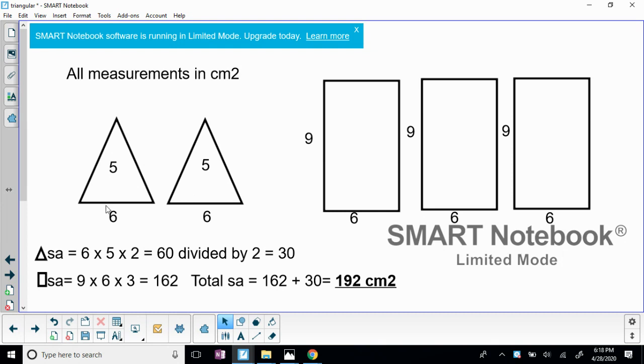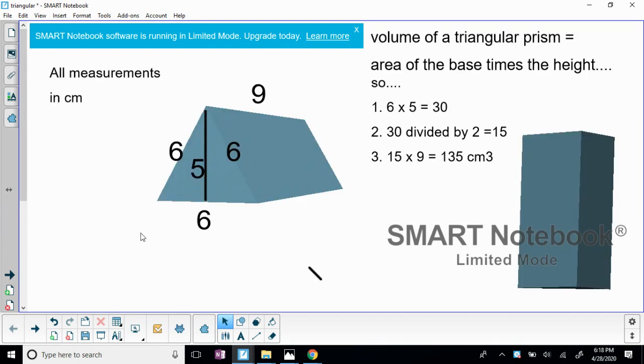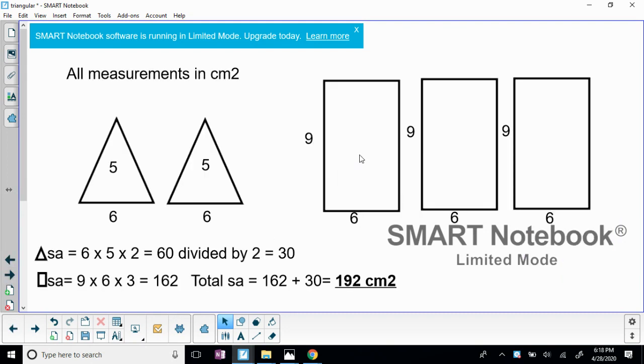And then the rectangular faces, okay, we have 3 rectangular faces that are going to be 9 times 6. Now, you're not always going to have an equilateral triangle as your face. It might be a different type of triangle. I'll show you what to do in that instance. But in this instance, it makes it pretty easy. Because we know that the dimensions for each rectangular face are going to be 6 times 9, 6 times 9, 6 times 9.